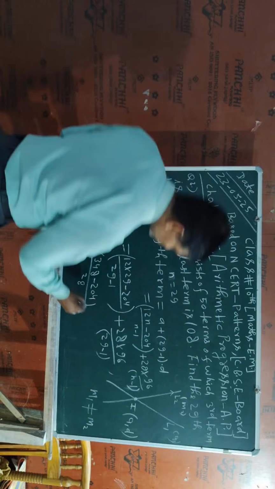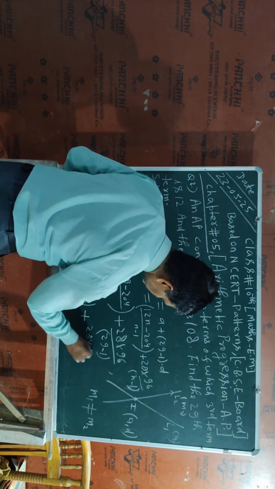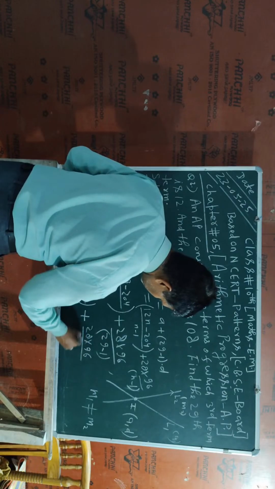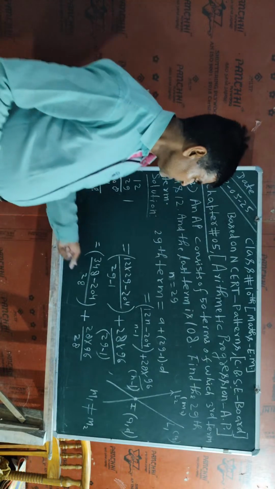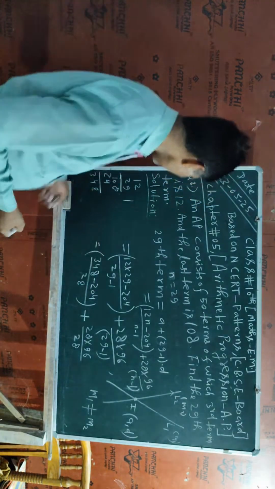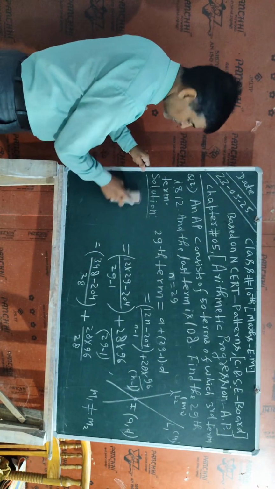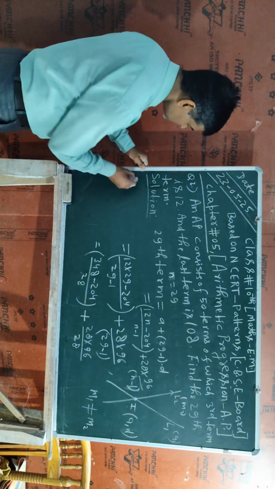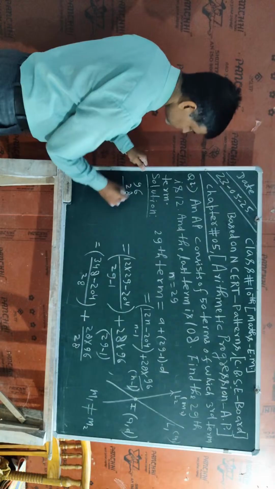Now the second term will be 28 into 96 divided by 28. So the denominator value is the same. So the numerator value I will simplify. After simplifying I will add. Now further I am going to also multiply 96 into 28. So one is 96 and the other is 28.